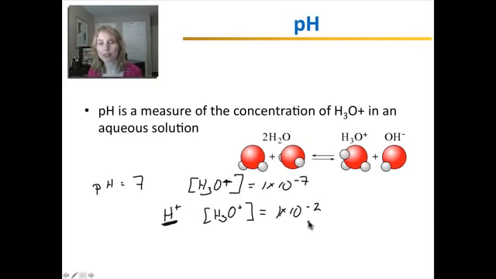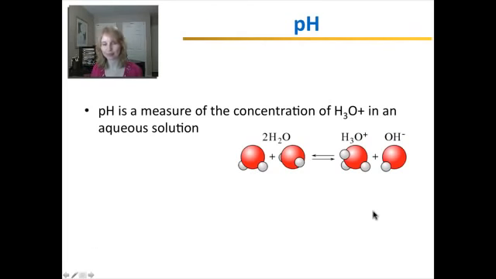Notice that 1 × 10⁻² is a bigger number than 1 × 10⁻⁷. This is a greater concentration of hydronium ions, and this gives me a pH of 2. So pH always reflects the concentration of hydronium ions.